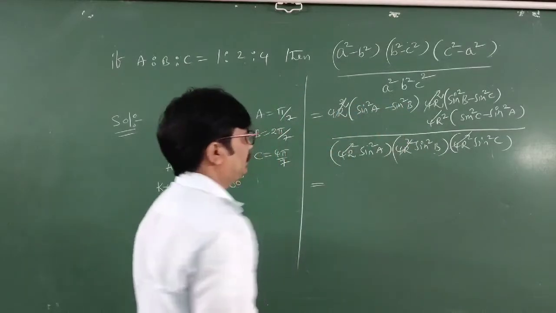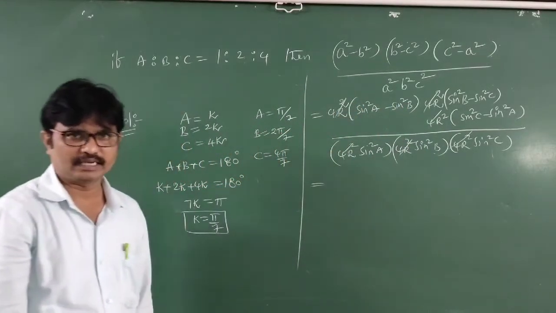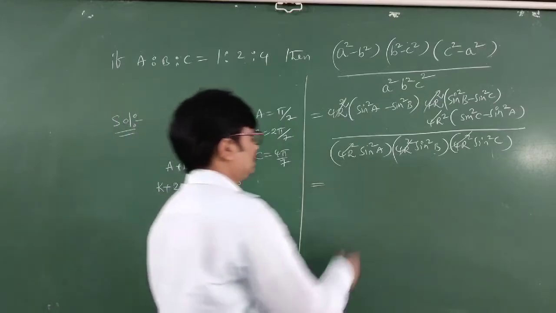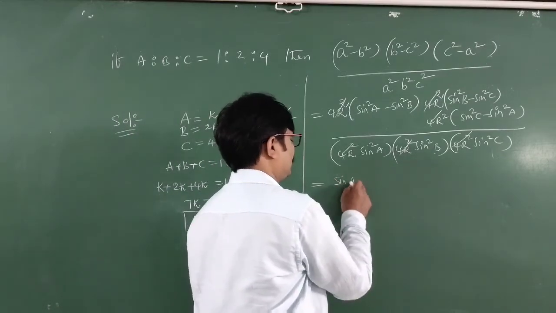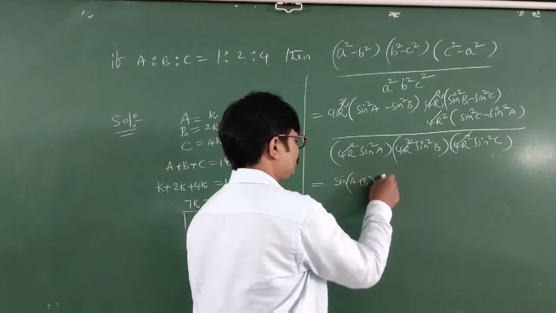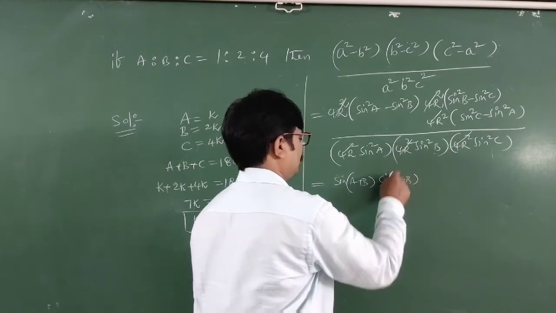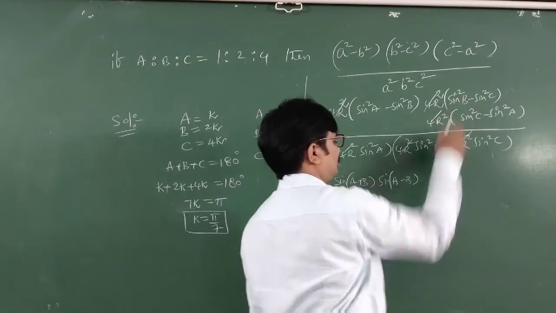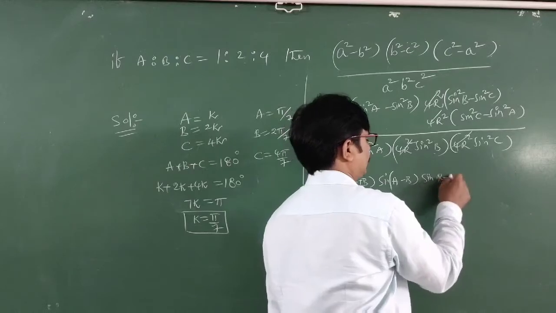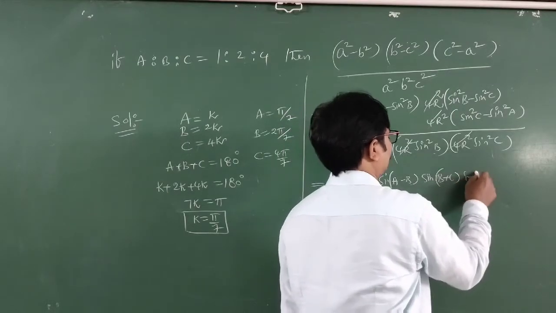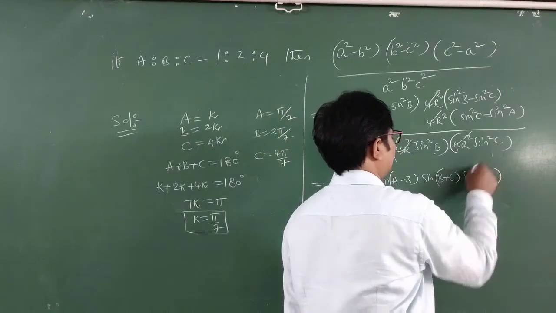Now sin² A minus sin² B, we know the formula is sin(A plus B) into sin(A minus B). Okay students, after that similarly sin(B plus C) sin(B minus C).